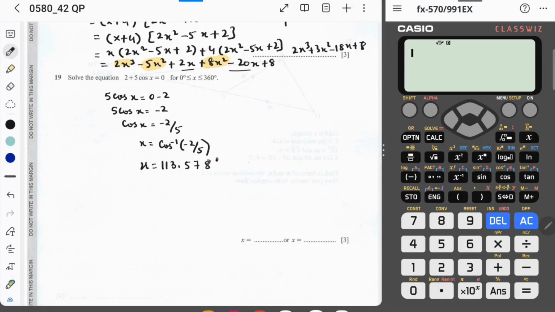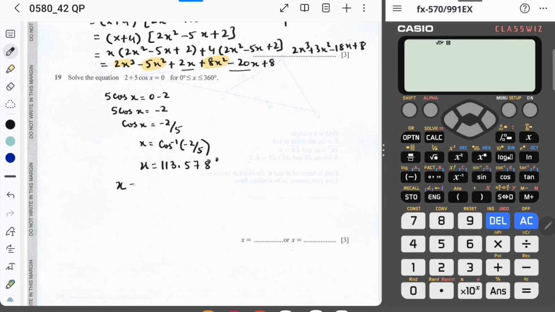You know that in cos angle we do 360 minus theta, but it's a positive value 113.578. So we do 360 minus theta. So here we'll find out the other angle.